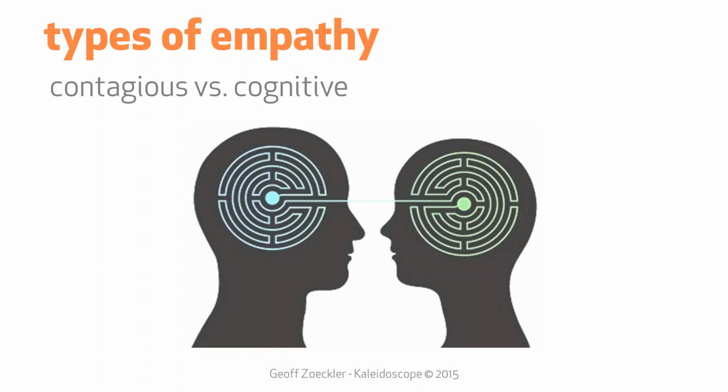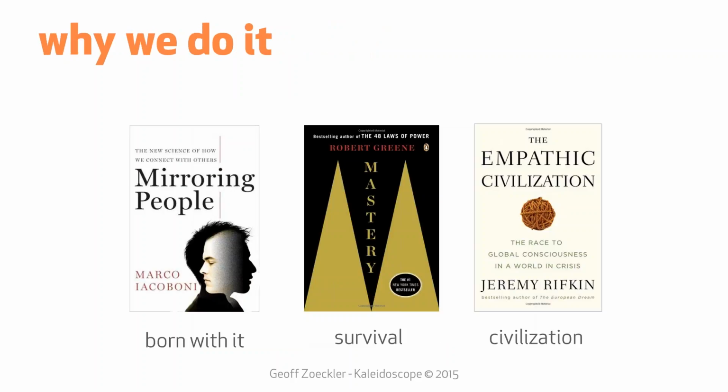We have both capabilities. And why? Why do we have that capability? There are various different perspectives. Marco Iacoboni talks about mirror neurons in our brains, and that we are actually born with this innate ability to experience the emotions of another as if we're experiencing it ourselves.